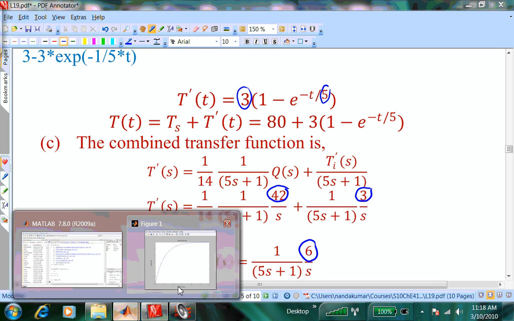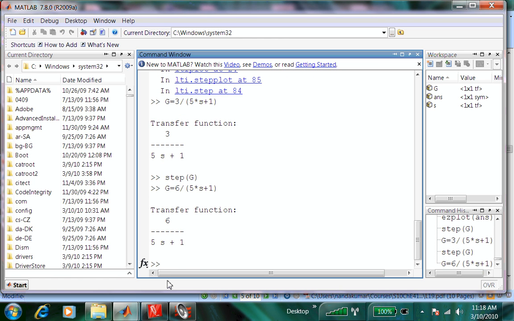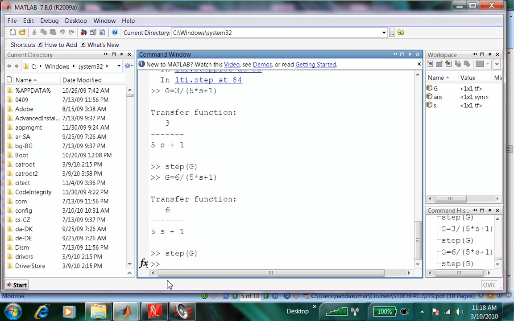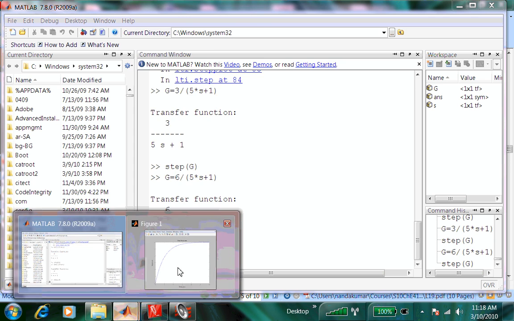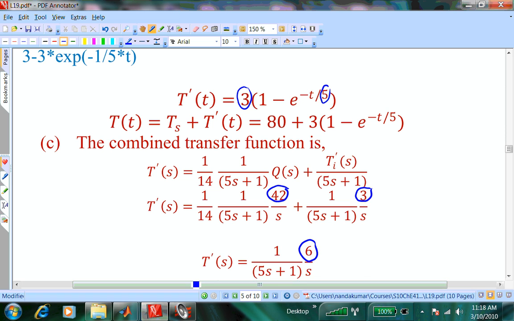So you can see that if you go back and redefine this transfer function, G is equal to 6 divided by (5s plus 1), and then plot the step of that, you see the y-axis going from 0 to 6 in terms of deviation variable. So that is the net effect of adding 42 kilowatts plus increasing the inlet temperature, and you need to understand the math behind it.